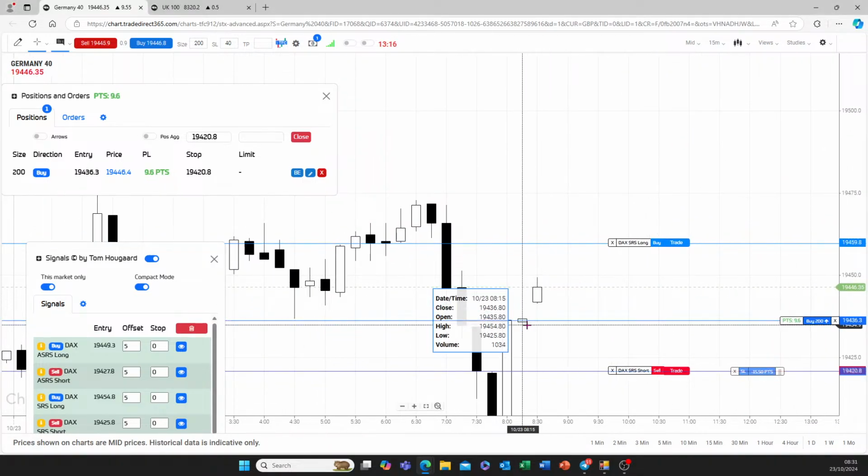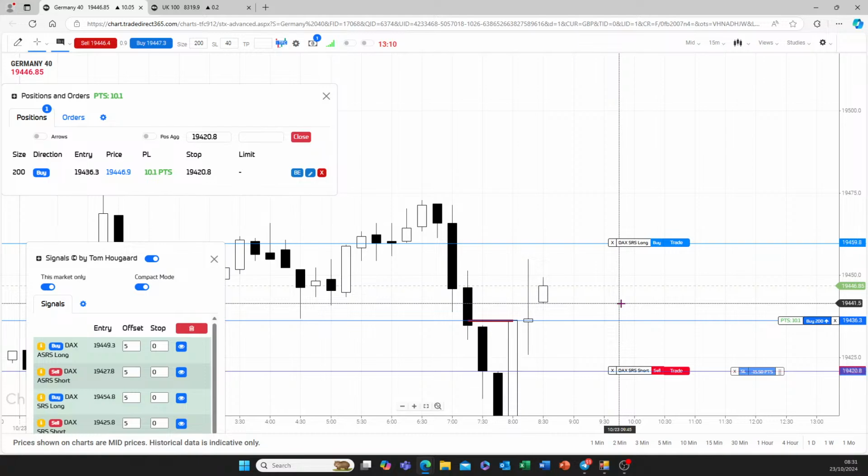And if the DAX trades up at 54 or thereabouts, I would want to be a buyer.